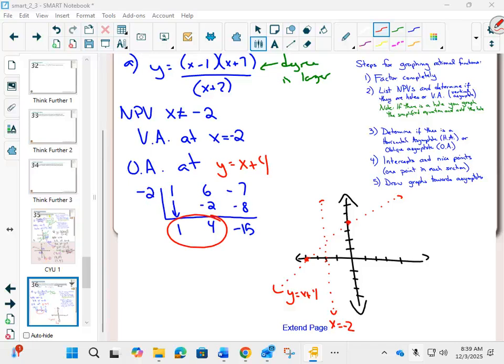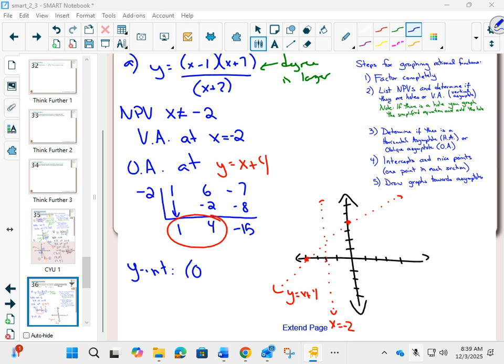So we have our asymptotes, 1 at y equals x plus 4 and 1 at x equals minus 2. Now, the last part, finding all of our intercepts and seeing if we need any other nice points and draw our graph towards our asymptote. So always, your y-intercept is your easiest to find.